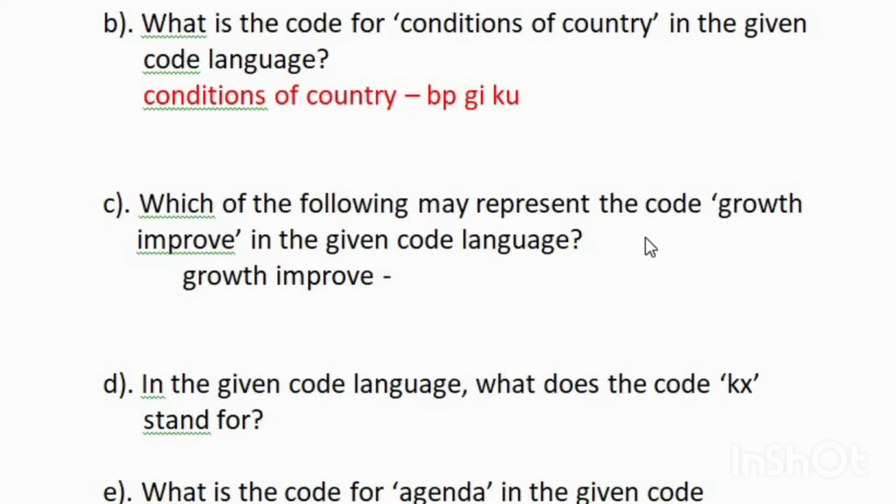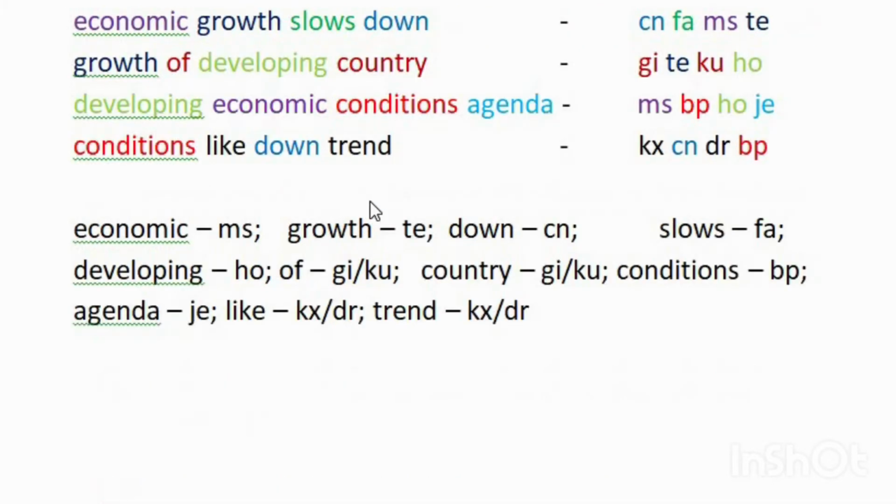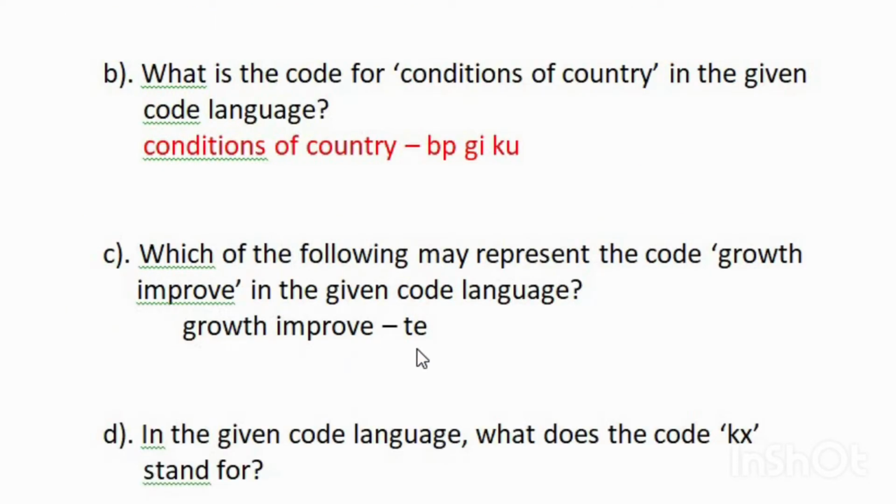Third question, which is the code that represents growth improve in the given code language? We know the code for growth, it is TE. But there is no word called improve in the given question. So for growth we can write TE. Improve, we don't know the code. So choose the option having the code which is from outside.